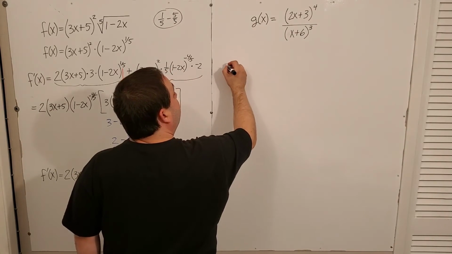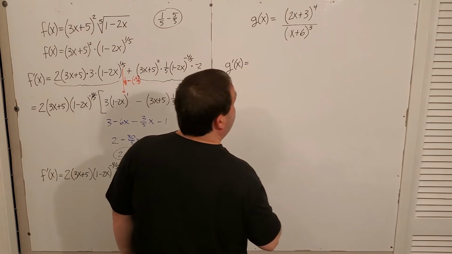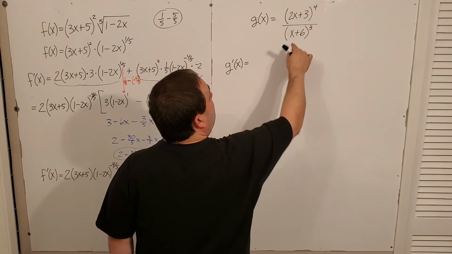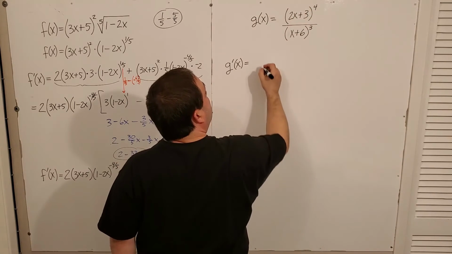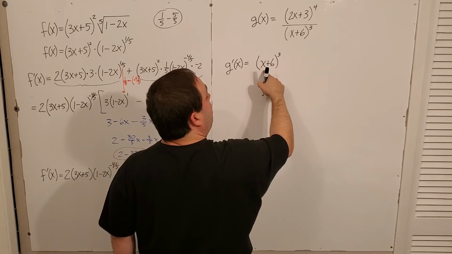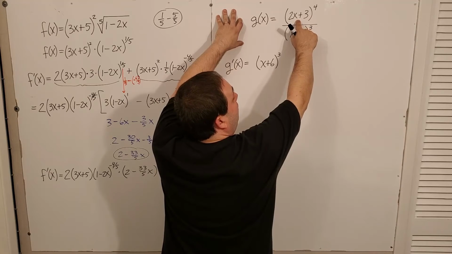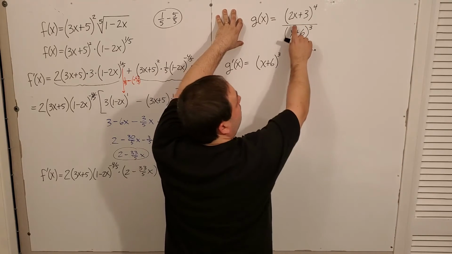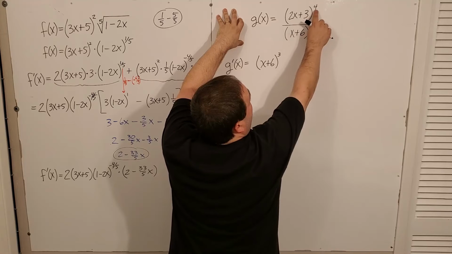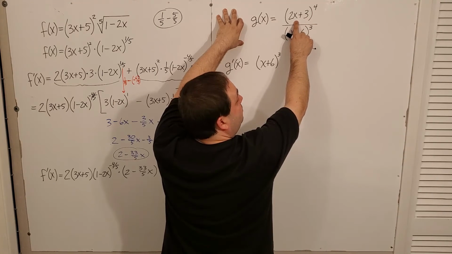So g prime of x is equal to low d high. So I've got x plus 6 to the 3, that's low. Now derivative of high, well, that's a chain rule, right? The inside and the outside. The outside is the 4th power, the inside is the 2x plus 3.